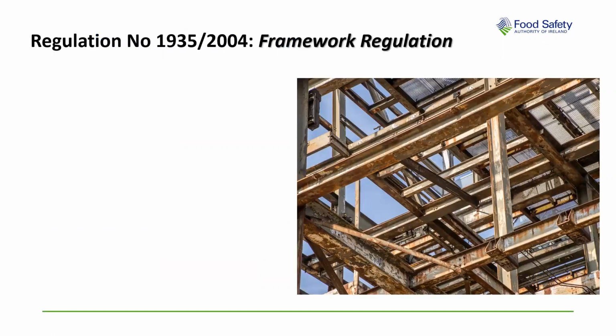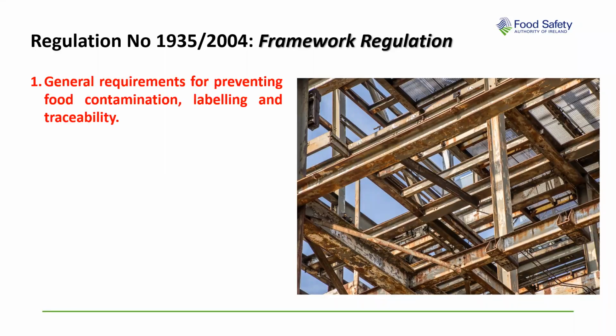Okay, if we look at Regulation 1935, the Framework Regulation, in a little more detail, it's often referred to as the Framework Regulation because it outlines the key requirements of food contact material legislation. It outlines the general requirements for preventing food contamination from food contact materials.